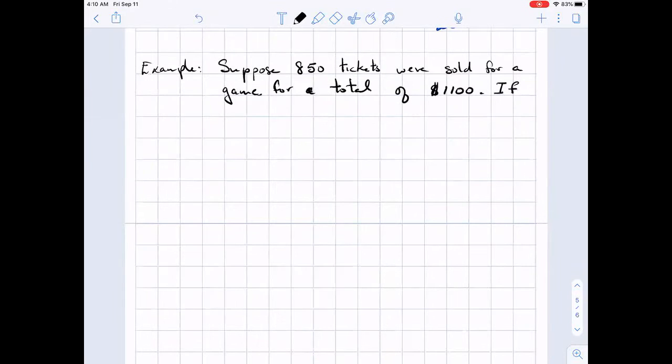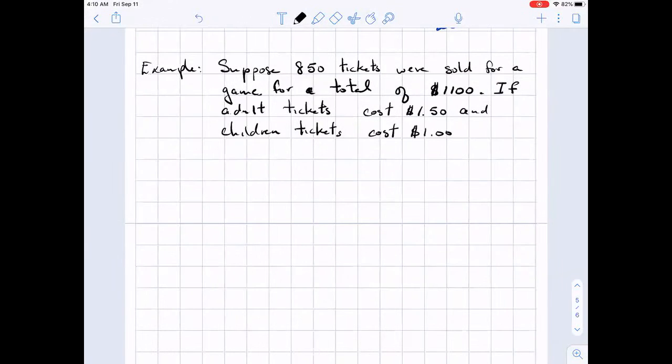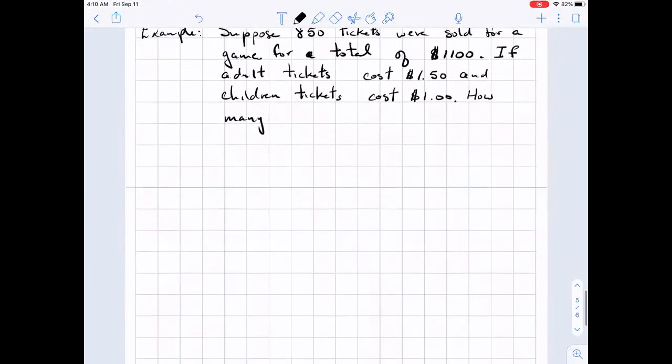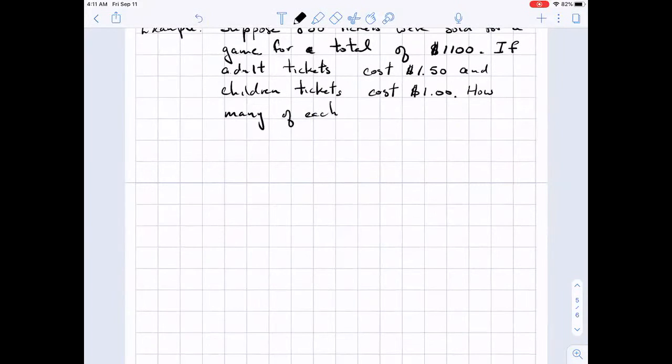Now, if adult tickets cost $1.50 and children tickets cost $1, how many of each kind of tickets were sold?